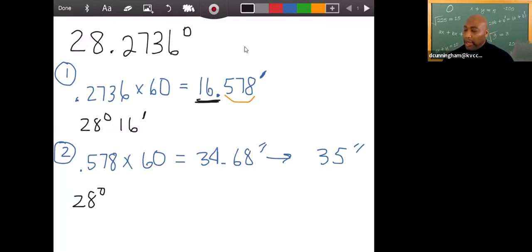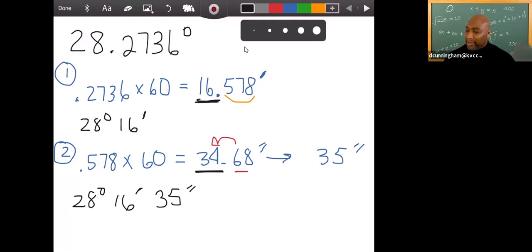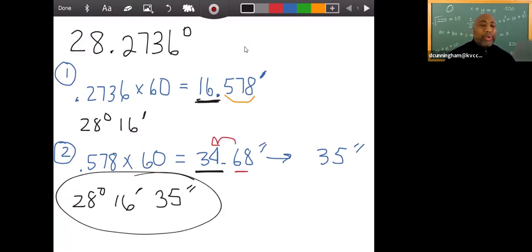We take the whole numbers, 16 minutes, and we could say 34, but since it's 34.6, let's say 35. You always want to use the correct rounding. Since that 6 is greater than 5, we want to make that 4 a 5. And that will be our answer: 28 degrees, 16 minutes, 35 seconds.